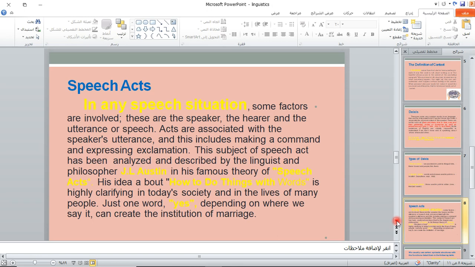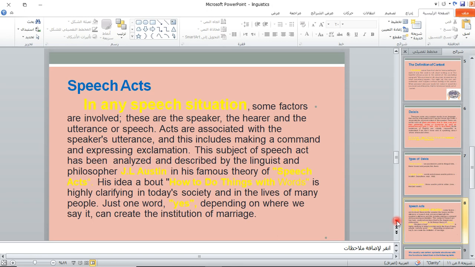This subject of speech acts has been analyzed and described by the linguist and philosopher John Austin in his famous theory, نظرية الفعل الكلامي, and his book How to Do Things with Words, كيف نعمل الأشياء بالكلمات, which is highly clarifying in today's society and in the lives of many people.